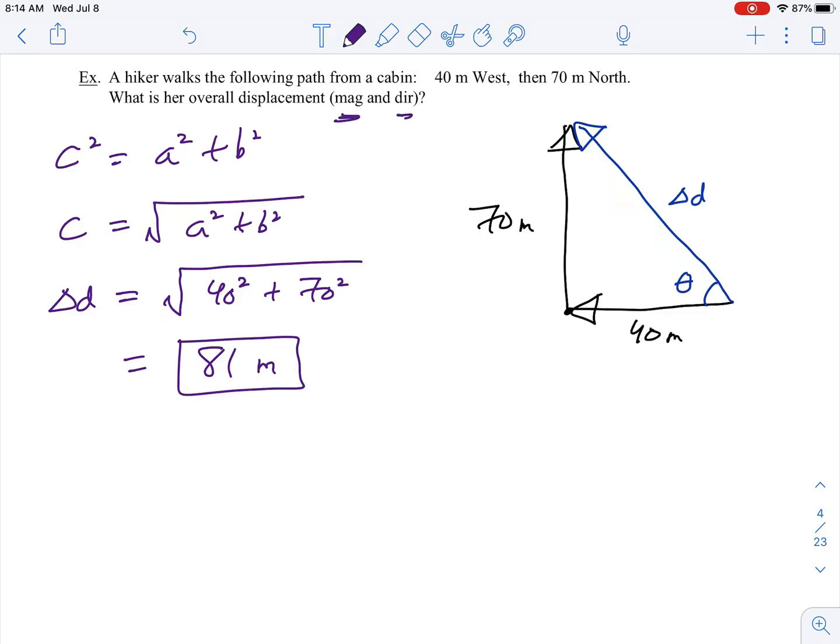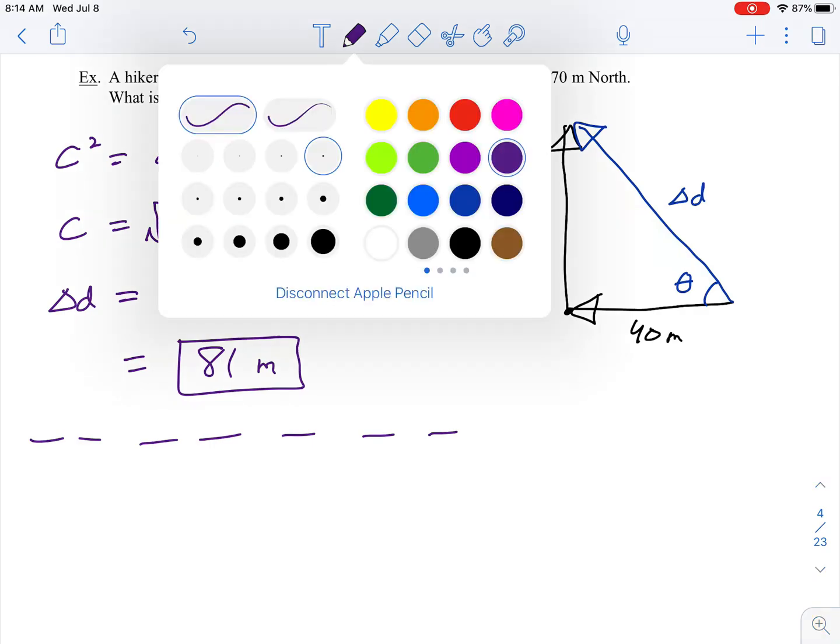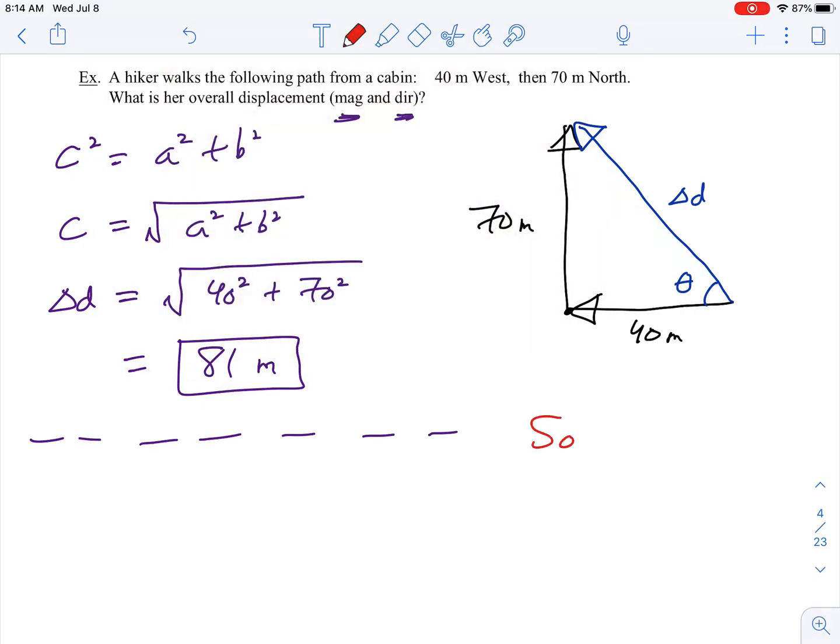But you're also asked to find the direction. We need to find theta. So to do this, let's do a little review of trigonometry. I'll just put over here, we have SOHCAHTOA. Now, remember, you identify these things relative to where the angle happens to be.